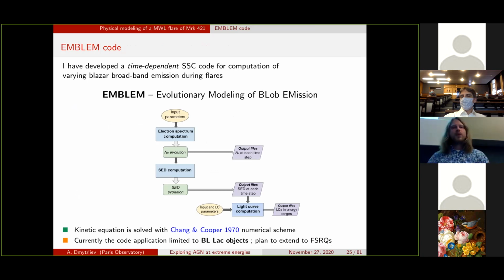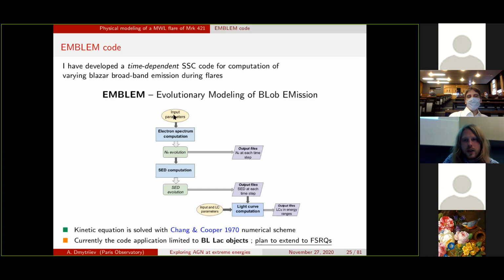So now I'm presenting you my code, the time-dependent SSC code I developed for computation of the variable emission of blazars during flares. It's named Emblem, which is evolutionary modeling of blob emission. So the architecture of the code, the skeleton, goes like this: the input parameters, which I will cover in the next slide.